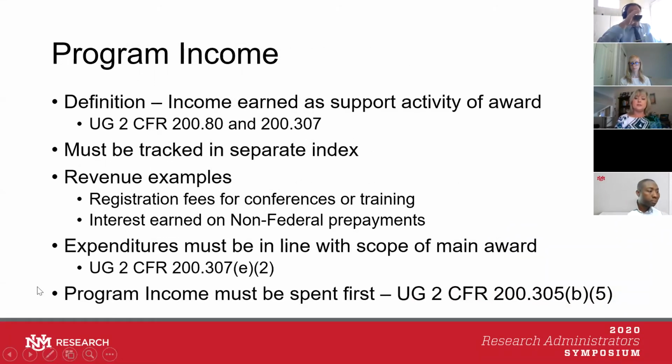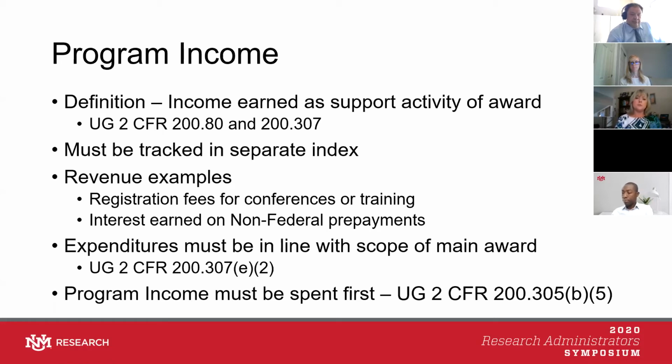We are going to discuss just briefly program income. Program income is actually a small amount of income usually earned by the support or the activity of an award. We do track this in a separate index, and examples for program income would be, let's say you have an educational award and you're going to put on a little training or a conference and there's a fee to attend.